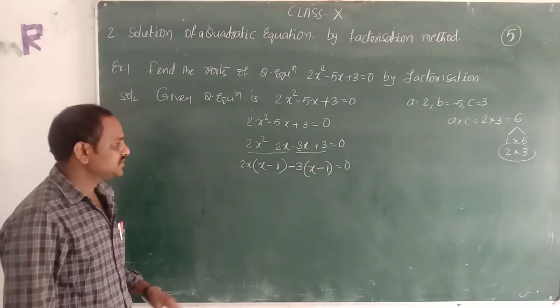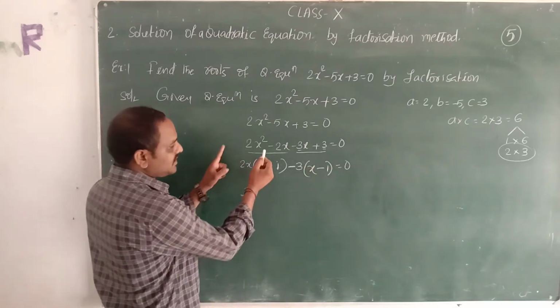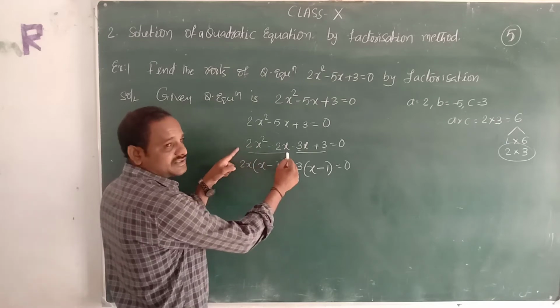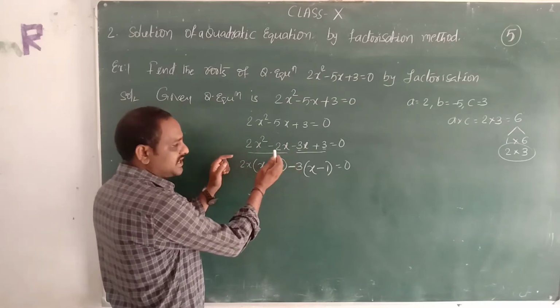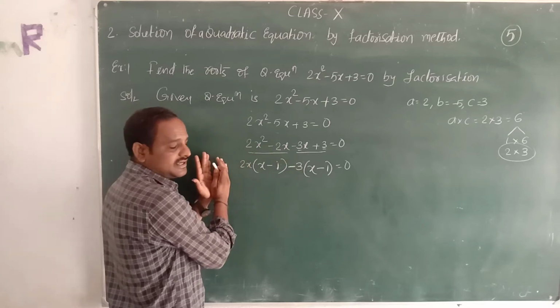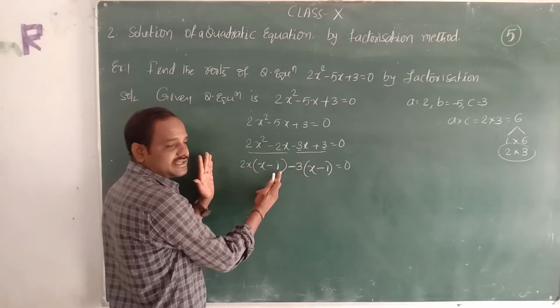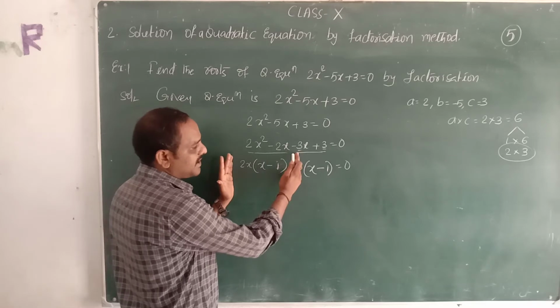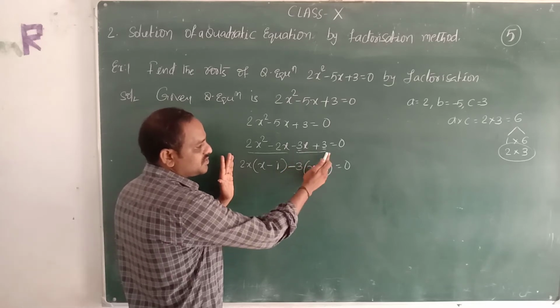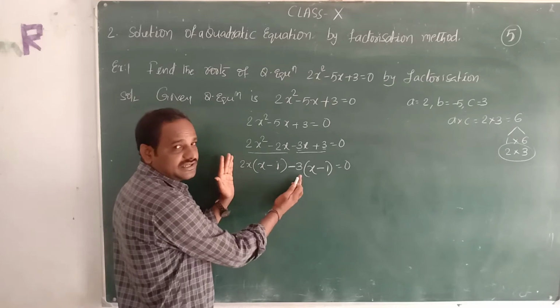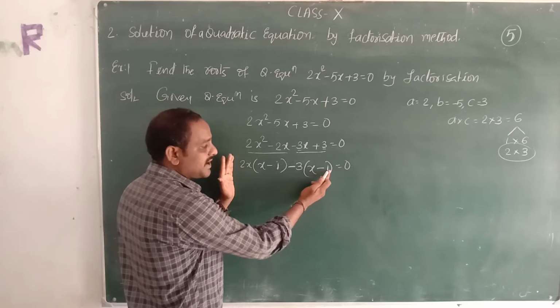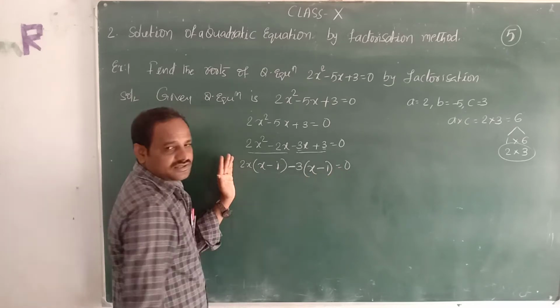Did you understand? So once again, see here. From these two terms, 2x square minus 2x, 2x is common. That is why I took 2x as common. Then the remaining terms are x minus 1. Here minus 3x plus 3. From these two terms, 3 is common, but I took minus 3 as common. Then I got x minus 1, that is equal to 0.